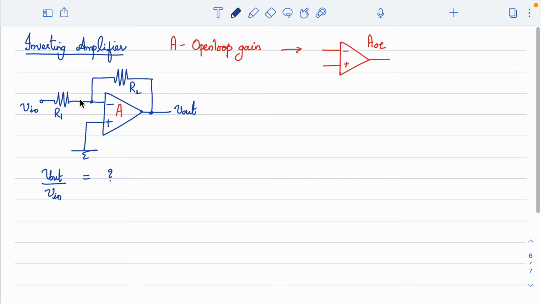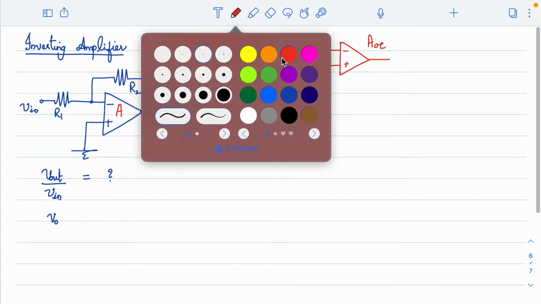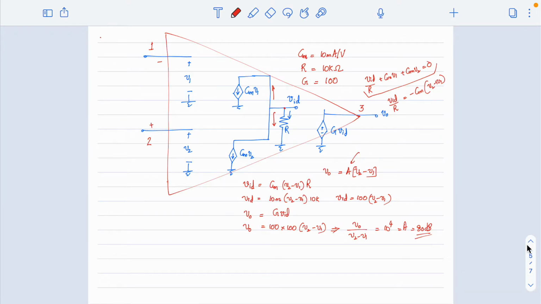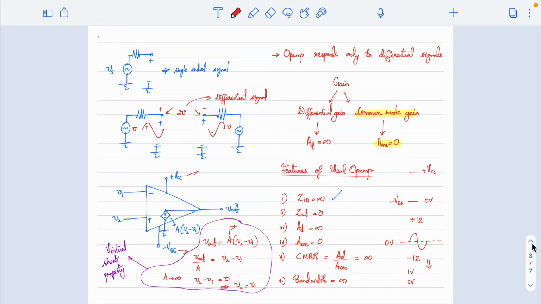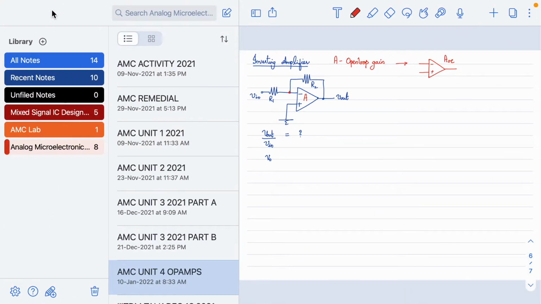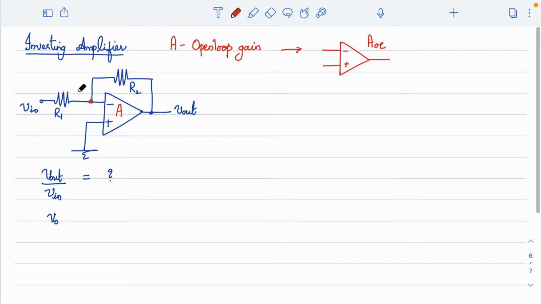So to find that, what we can do is, we know that the output of an op amp, so let me just mark this node as, so far we have marked this as V1 and V2. So if I do that here, this is your V1 node and this is your V2 node.